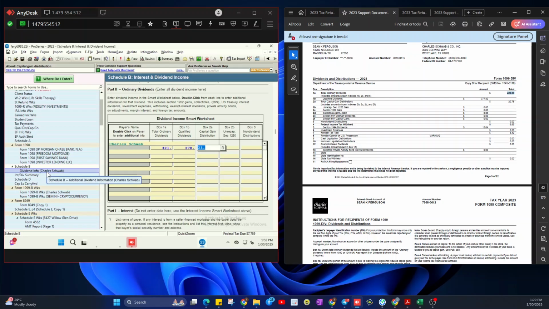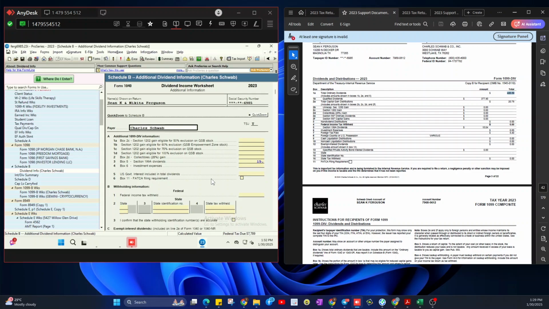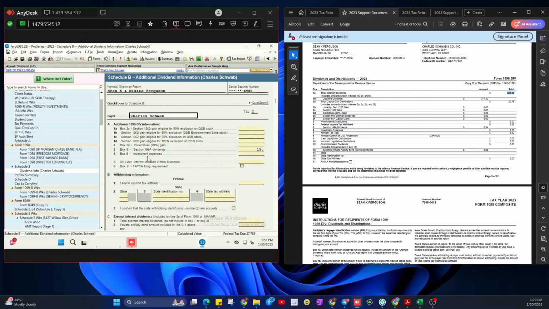Schedule B, dividend info. We have the 15. And then we have to include also here, this is 2A. 2C.